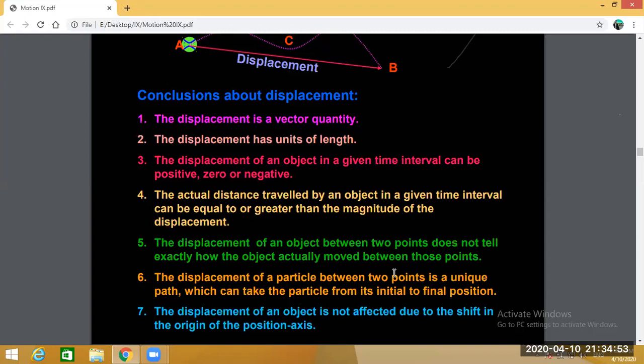That's why we say the displacement of a particle between 2 points is a unique path, which can take the particle from its initial to final position.